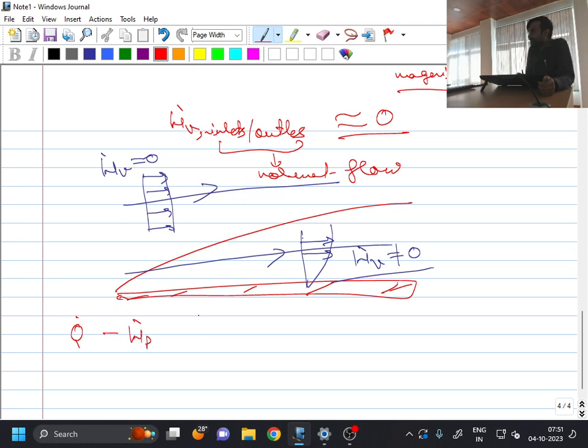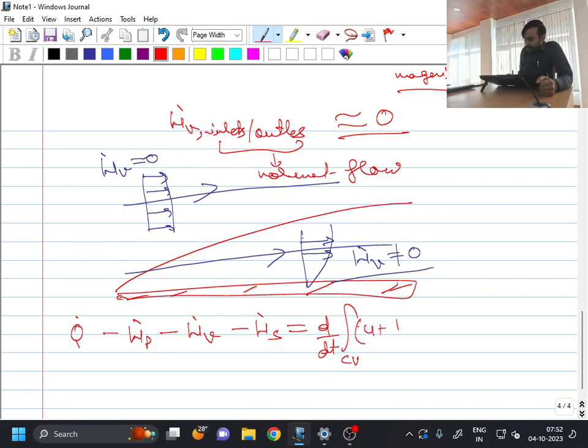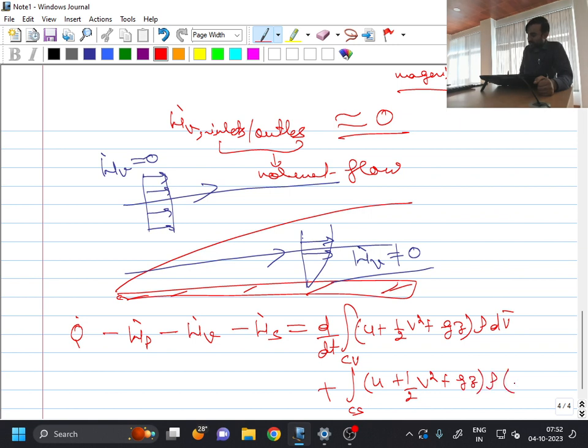W dot because of pressure, minus W dot because of viscous, minus W dot because of shaft work, and that will be equal to d by dt of the integral over the control volume of E. In place of E I can write (U plus half V square plus gz) times rho dV, plus the integral over the control surface of (U plus half V square plus gz) rho (V vector dot n cap) dA. Fine. Point is clear?